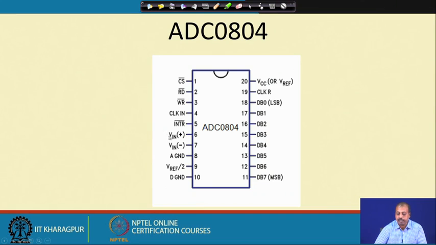If there is some error which affects both of them equally, since these pins are very closely located, if there is electromagnetic interference which affects pin number 6, then it is very likely that it will also affect pin number 7. The input is taken as 6 minus 7, so those noises will get cancelled out. So, common mode noise will go.